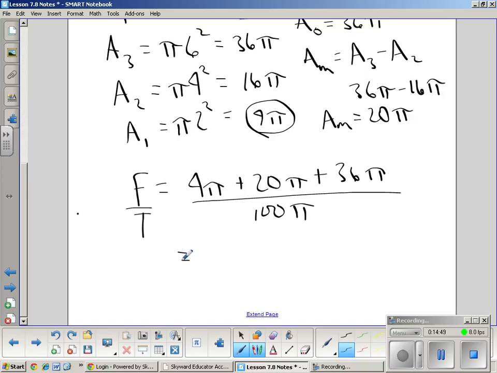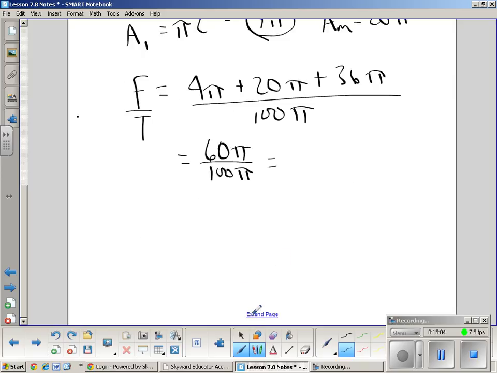So how many pi's on top? 60 over 100. What's that reduced to? 6 over 10. Okay, the pi's cancel, and 6 over 10 is 3 over 5.